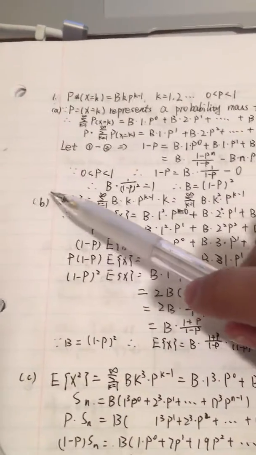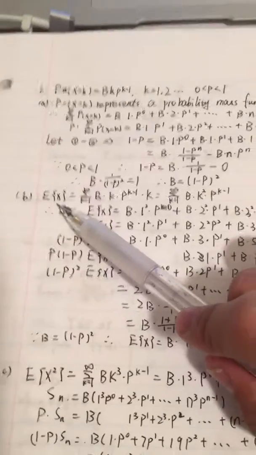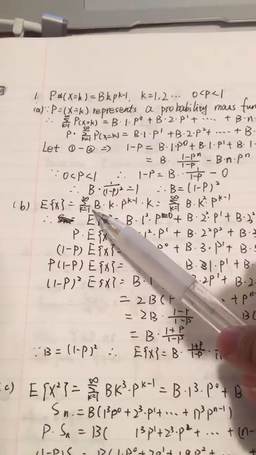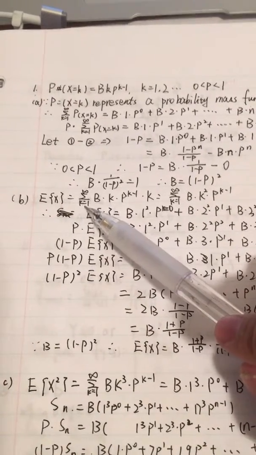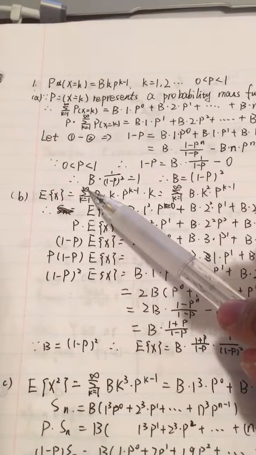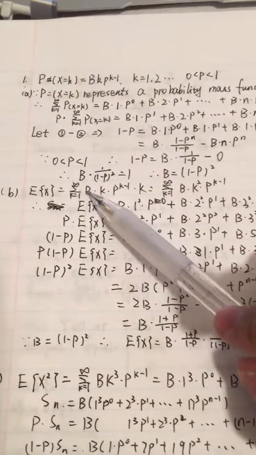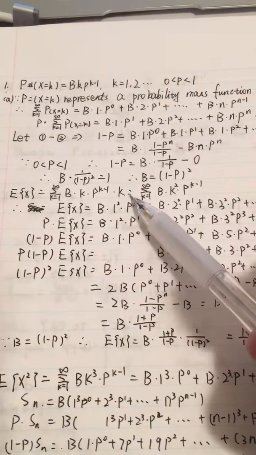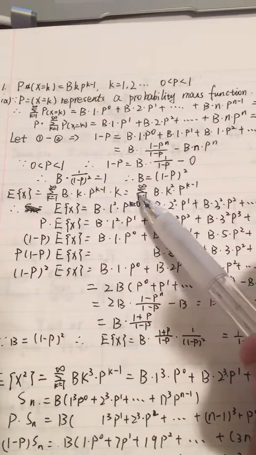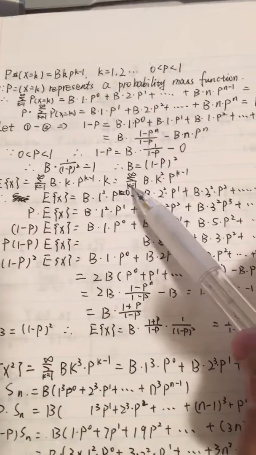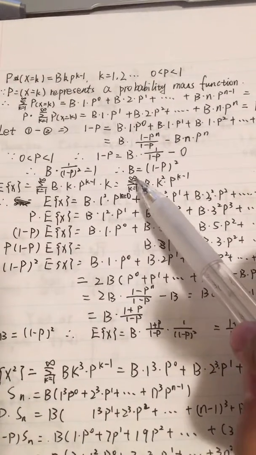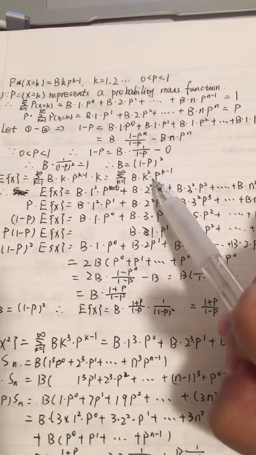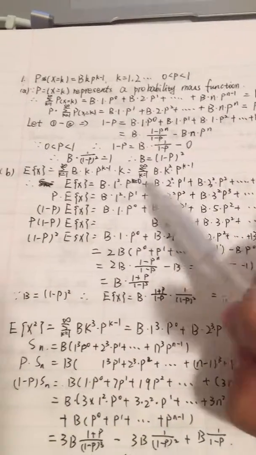And the second question is E of X. E of X equals the sum over k from 1 to infinity of b multiply k multiply p to k minus 1 multiply k, and it equals the sum over k from 1 to infinity of b multiply k square and multiply p to k minus 1.